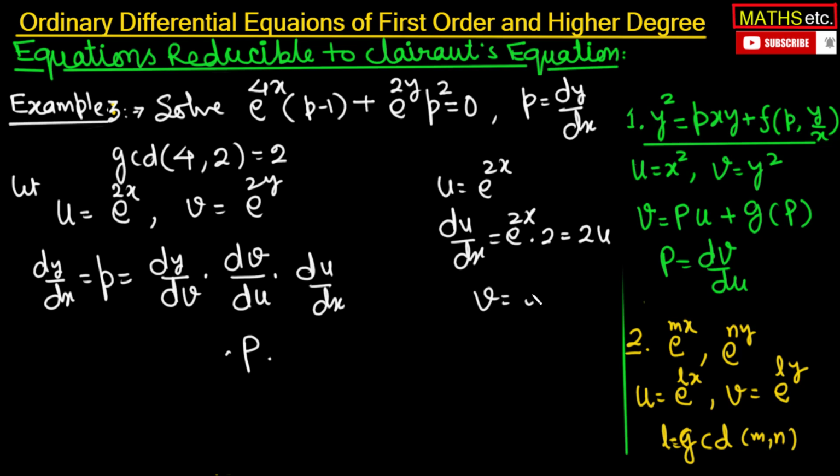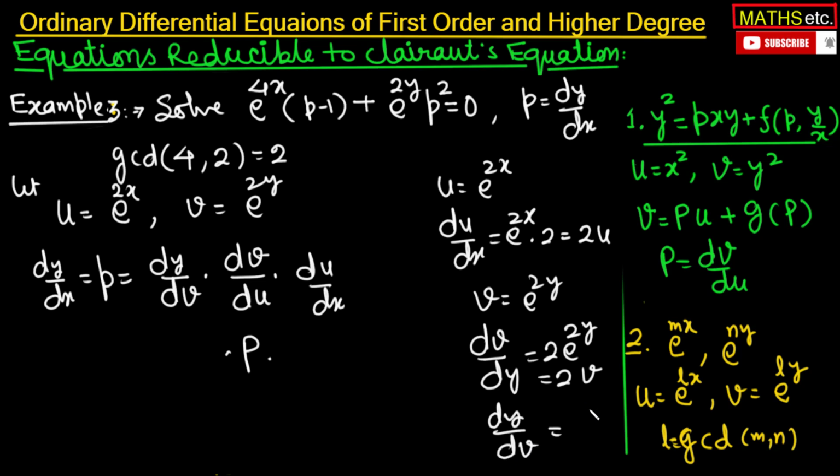Again, v is e raised to the power 2y. So dv over dy equals 2 e raised to the power 2y, which we have assumed as v. And by the reciprocal rule, dy over dv equals 1 over 2v, right?